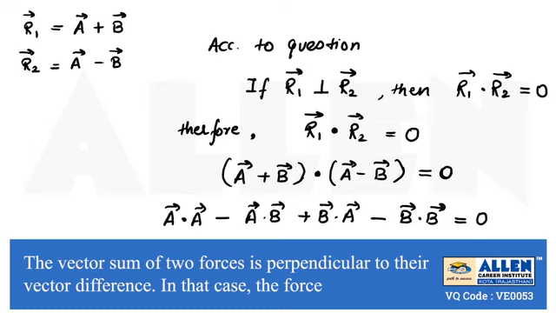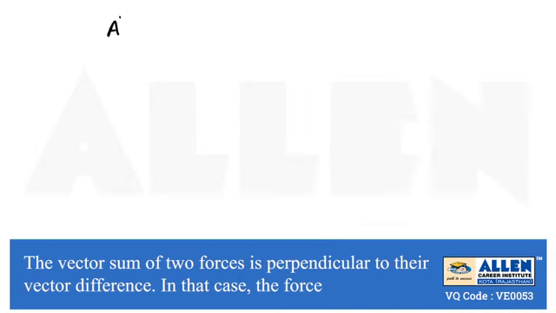The self dot product answer will be equal to the square of the magnitude of the vector, meaning A dot A will be equal to the square of its own magnitude. Suppose A vector has magnitude A, it means self dot product will give us A square. Similarly, B dot B will give us B square.